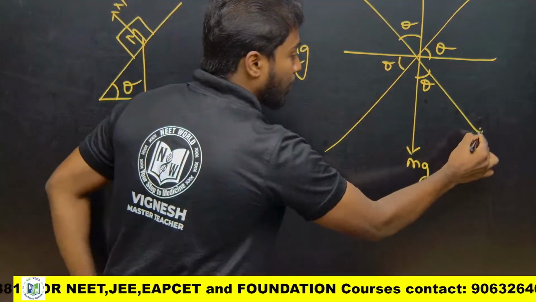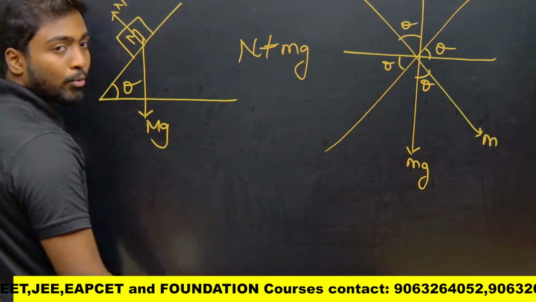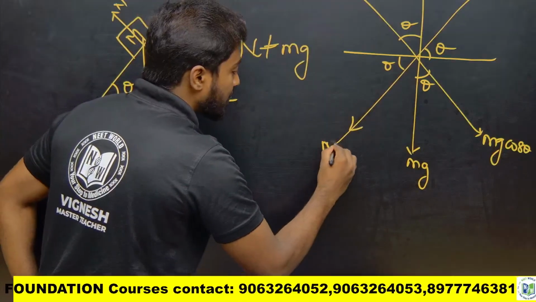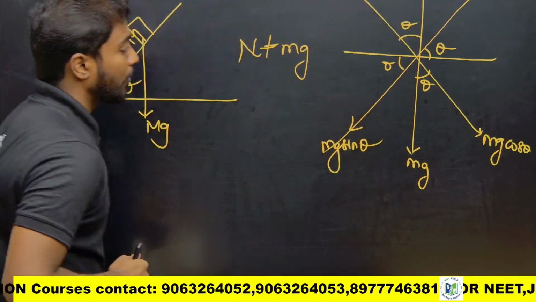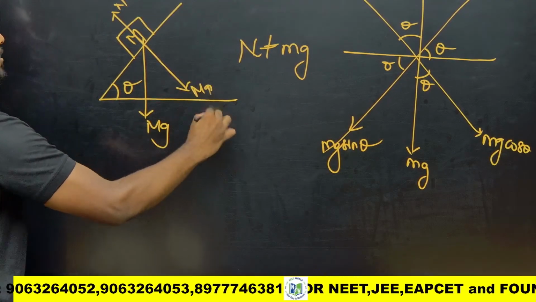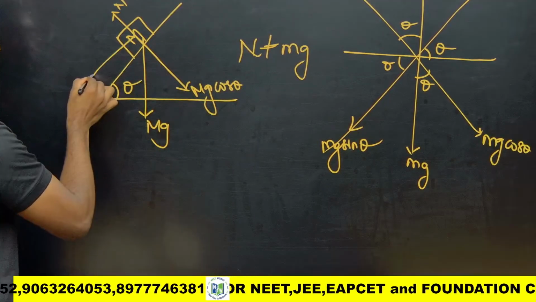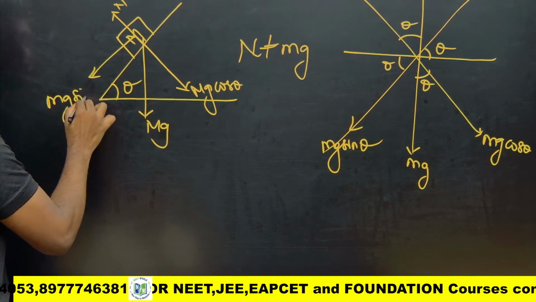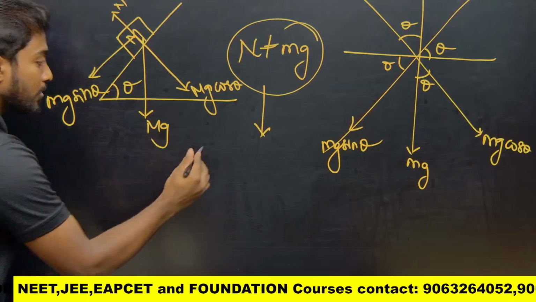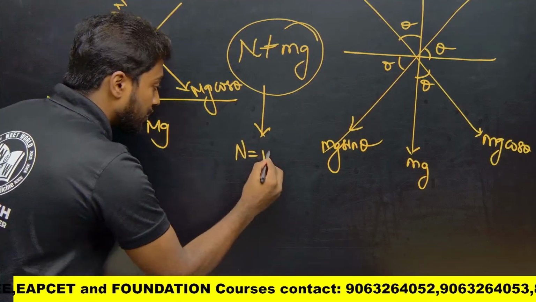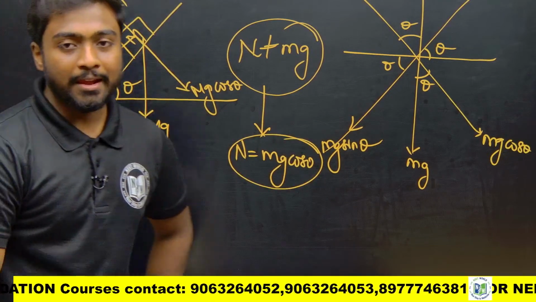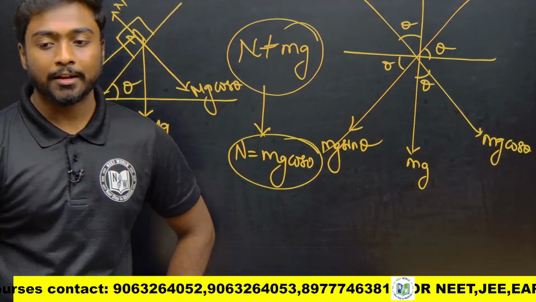If I take this one, theta is near to that, so it will be cos theta: mg cos theta, and this one will be my mg sin theta. So N is not equal to mg; in this case N equals mg cos theta. So always N is not equal to mg. It may change when it is on inclined planes.